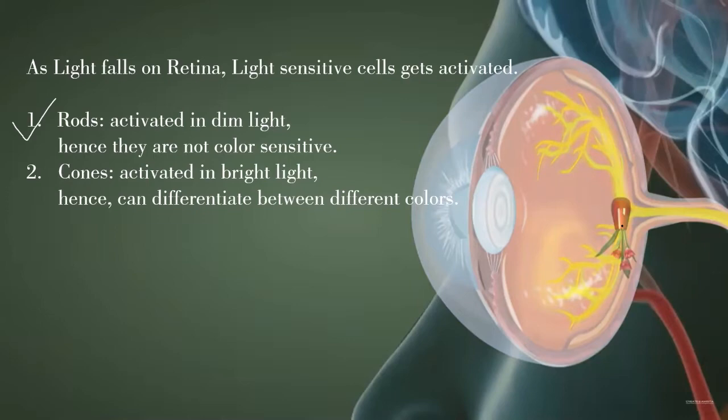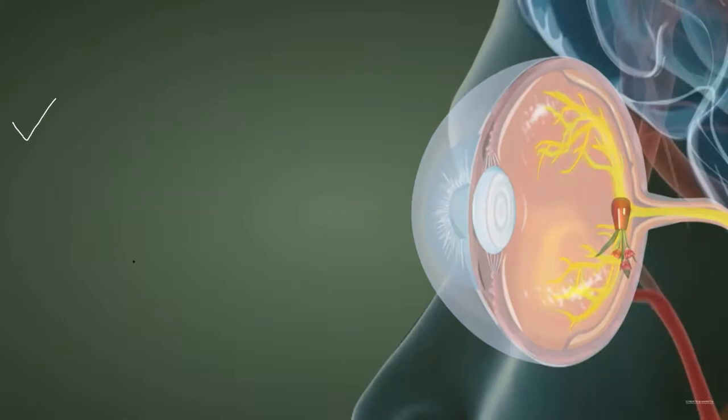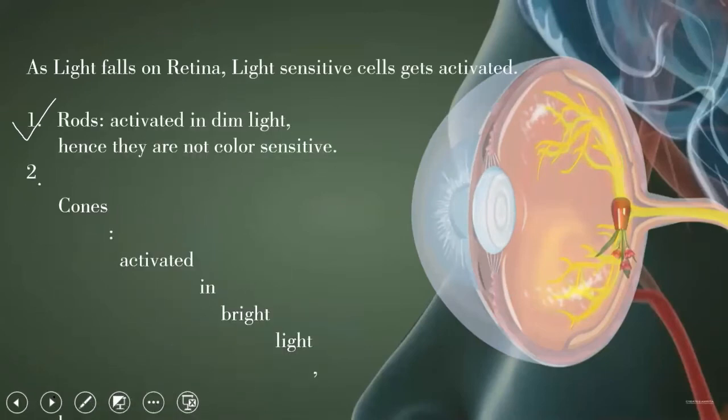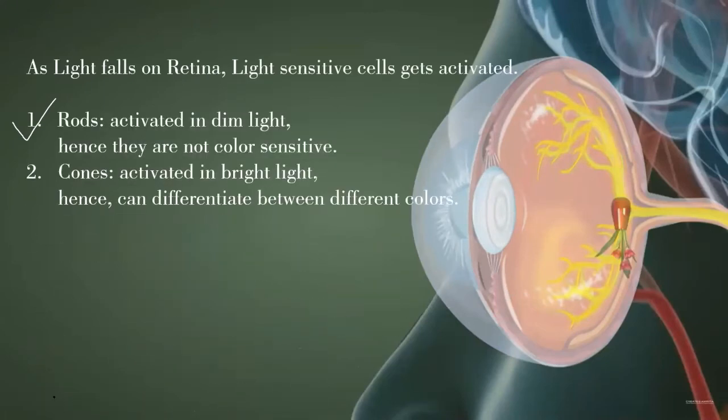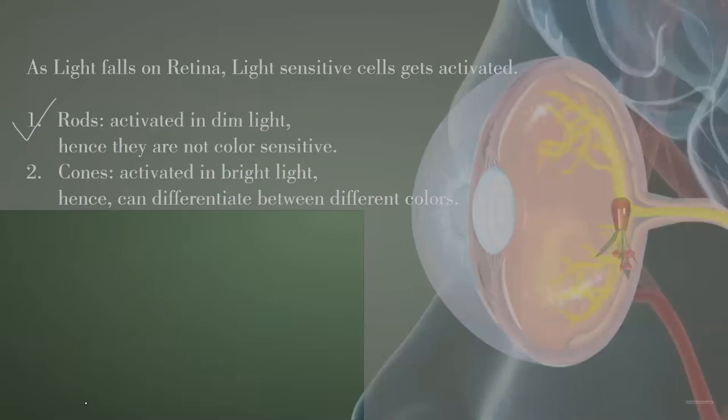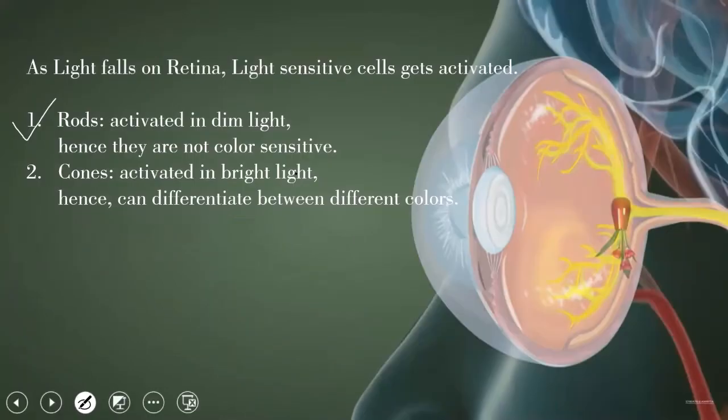On the contrary, we have another type of light sensitive cells that are called cones. What are cones? These cells are activated in bright light. When the light is more, cone cells get activated only in bright light. Hence, these cone cells can differentiate between different colors, so they are color sensitive.